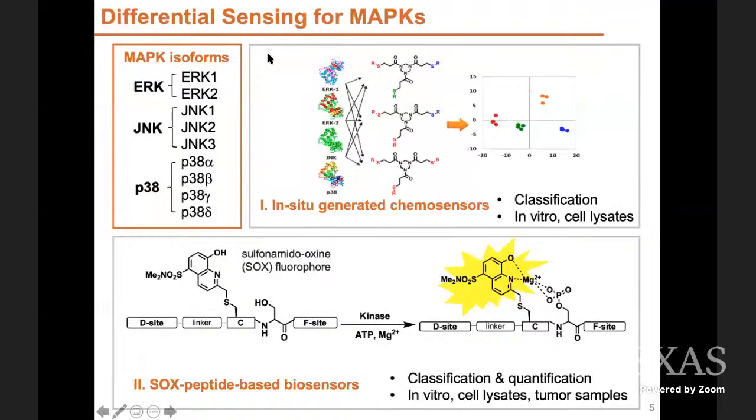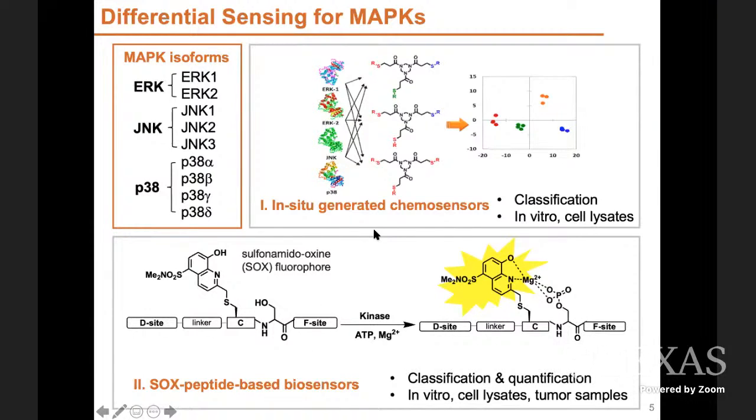There are 9 isoforms from these three MAPK families, ERK, JNK, and P38. There are two major kinds of sensors we have developed. The first one is in situ generated chemosensors. The other one is SOX peptide-based biosensors.